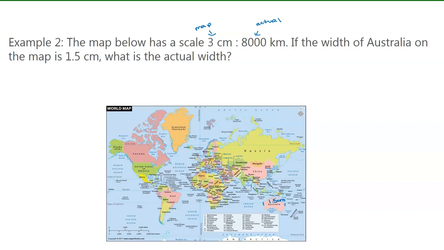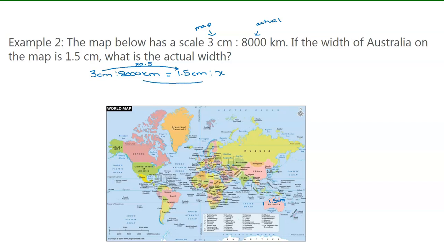So let's set up our ratios. 3 centimeters to 8,000 kilometers equals 1.5 centimeters to x. So x is the actual width, which I don't know. So to start, we need to figure out 3 times what is 1.5. Now in order to do that, we can divide. 1.5 divided by 3 is 0.5.